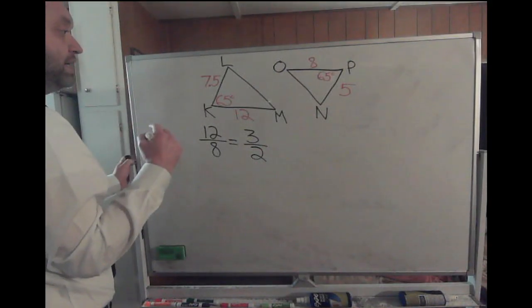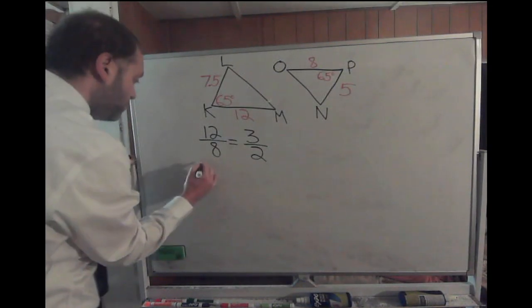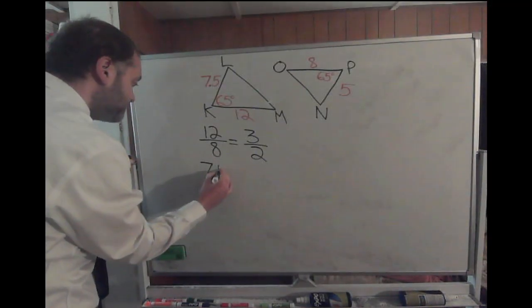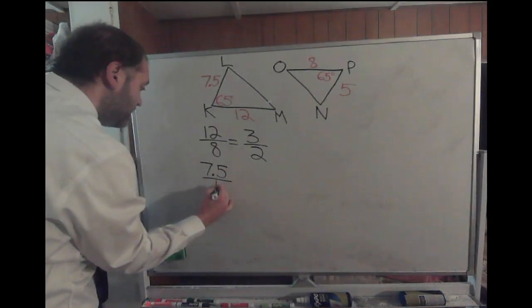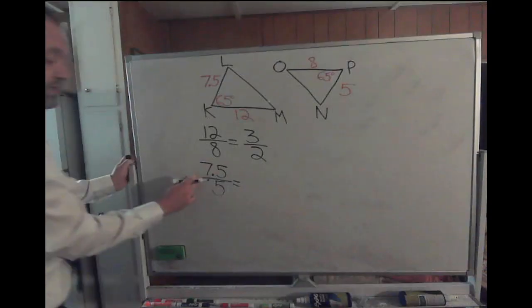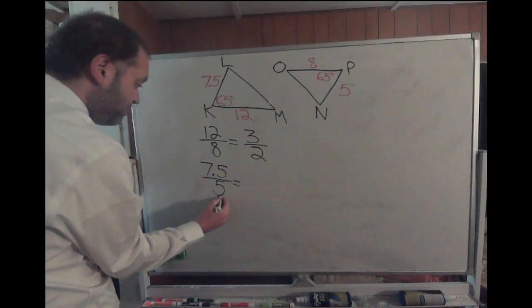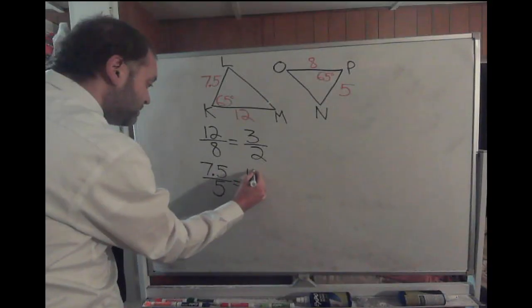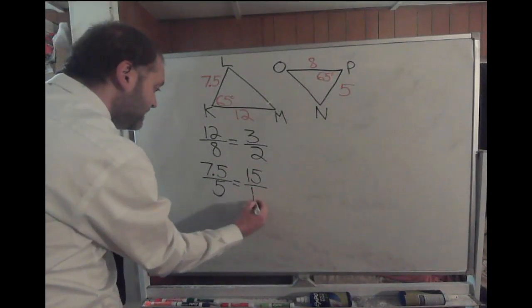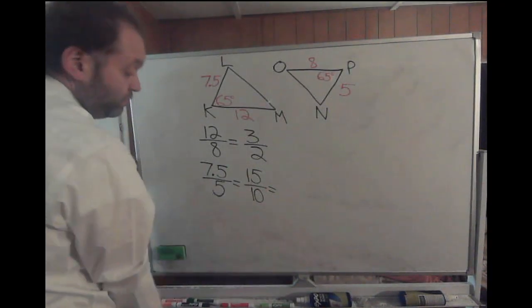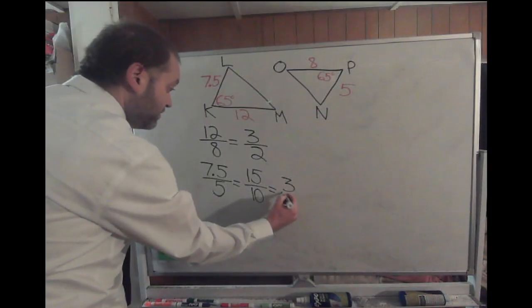So that could only mean then that 7.5 would correspond to 5. Which I think we want to get rid of the decimal in the numerator, so let's multiply the numerator and denominator both by 2. This would end up becoming 15 over 10, which would still turn into 3 to 2.